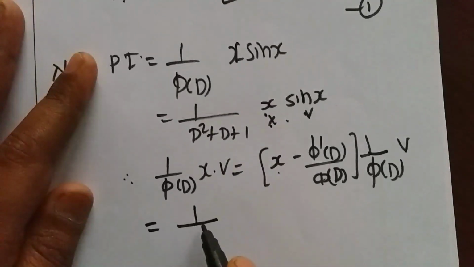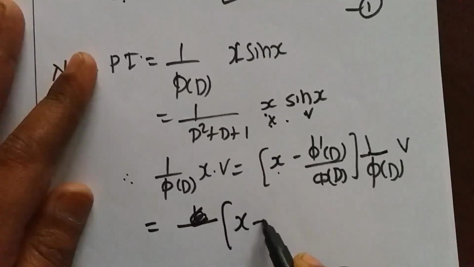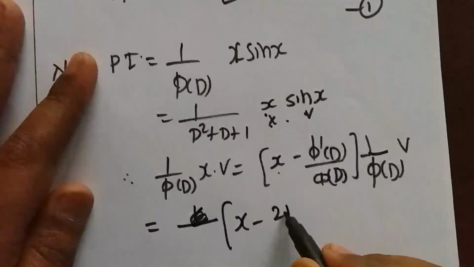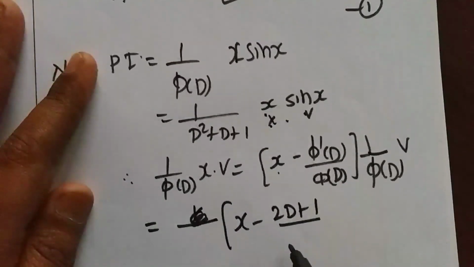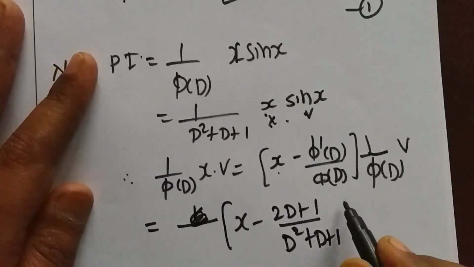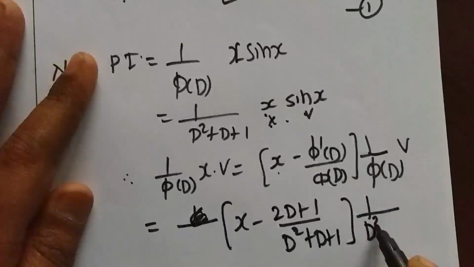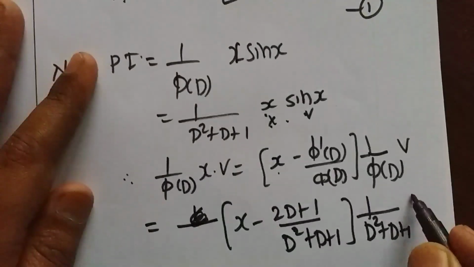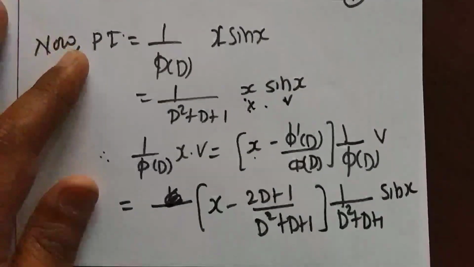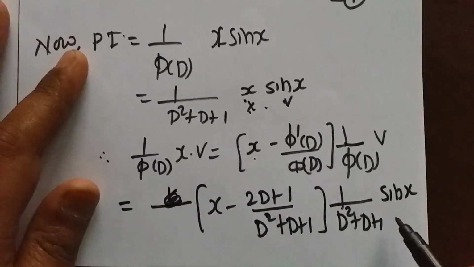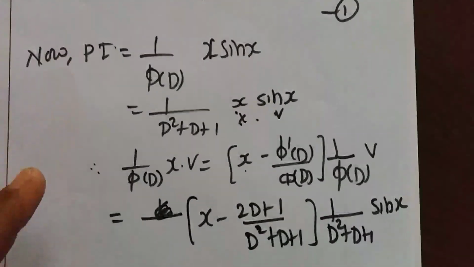So we'll have x minus the derivative of this, which is 2D plus 1, with respect to D, derivative of D square plus D plus 1, phi of D, outside the bracket, 1 upon D square plus D plus 1 sin x. Now we are going to solve this outside term first and then we'll do the multiplication inside.